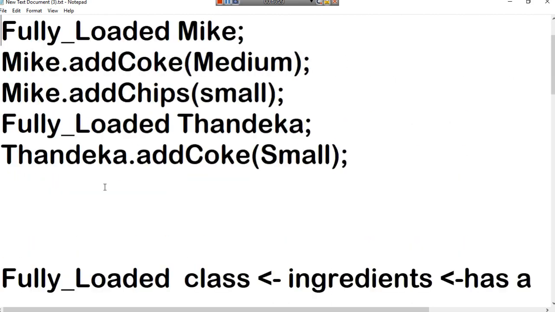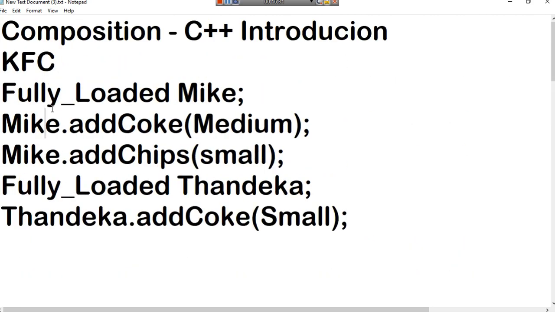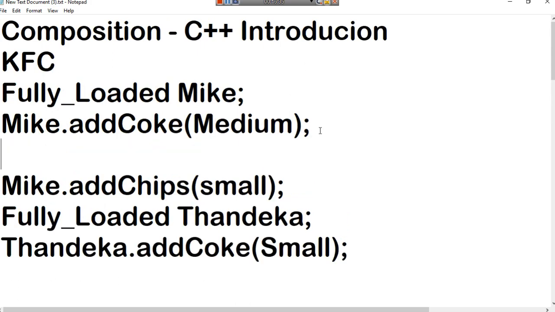So with composition, what we understand is that on that machine they can call Mike dot print. When they call the print method, that's when you actually see the receipt.